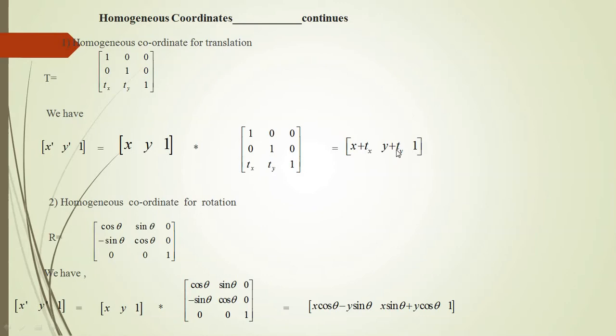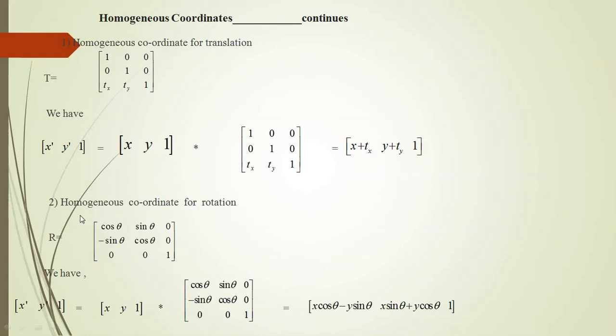So the coordinate is y plus Ty. And the third one is this row multiplied into the third column: x into 0 plus y into 0 plus 1 into 1, that is 1. So our new coordinate x dash y dash 1 is equal to x plus Tx, y plus Ty, 1.